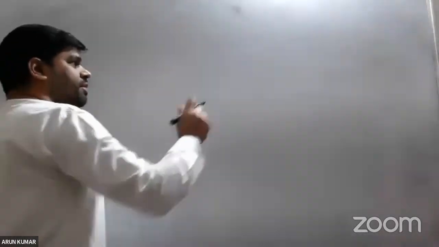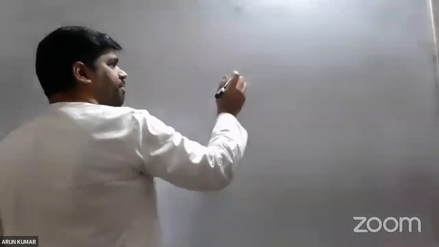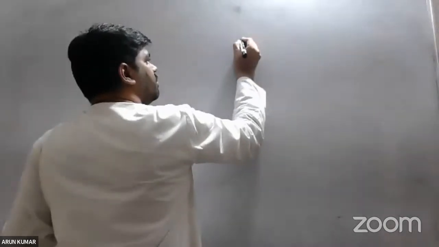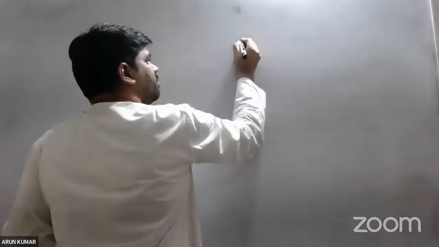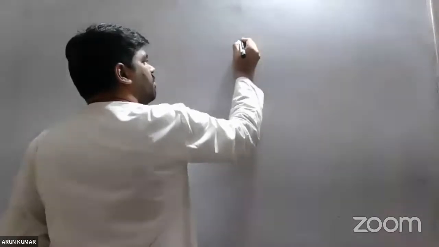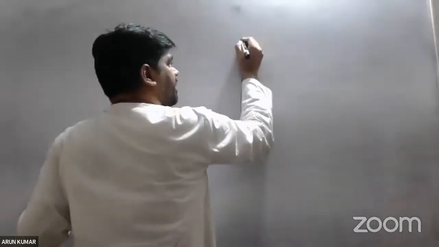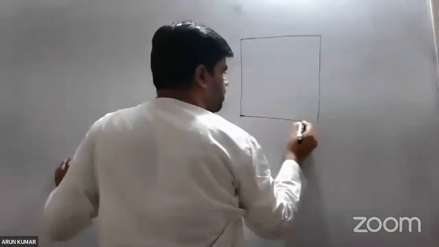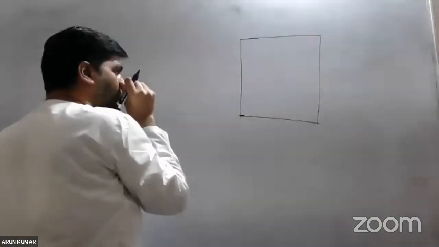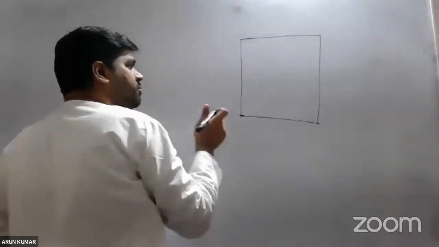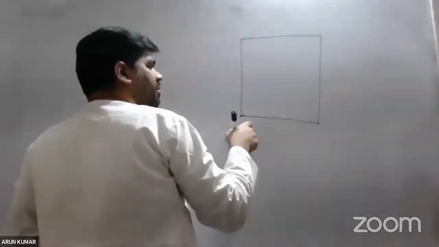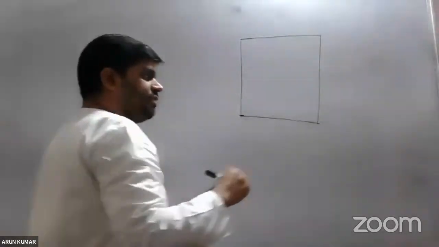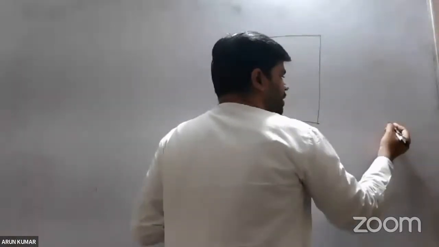But right now, let's say I have to find out the mass of a square plate. Here, this plate has surface mass density sigma. Surface mass density is nothing but mass per unit area.